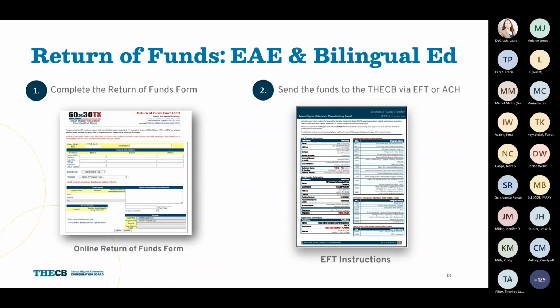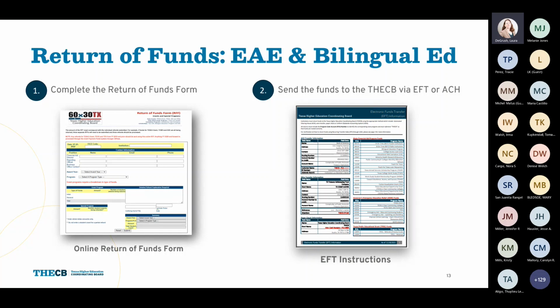And not only for the request, but also there's a distinct way to return these special funds. To return educational aid exemption or bilingual education program funds, you will complete the return of funds form, and this you can also find on our program resources page under the right-hand banner in the red banner.